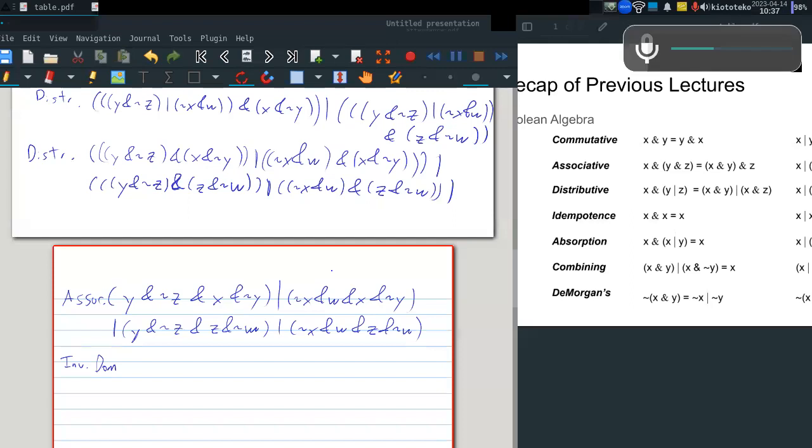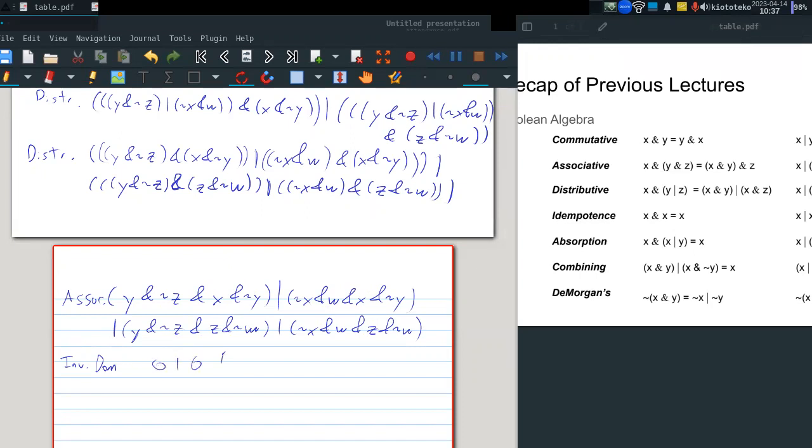In this case, yeah, I agree. But again, y and not y is 0, 0 and anything is 0, x and not x is 0, 0 and anything is 0, and the same. You can see there are complement terms in every one. So this will end up as 0 or 0 or 0 or 0, and this is equal to 0.